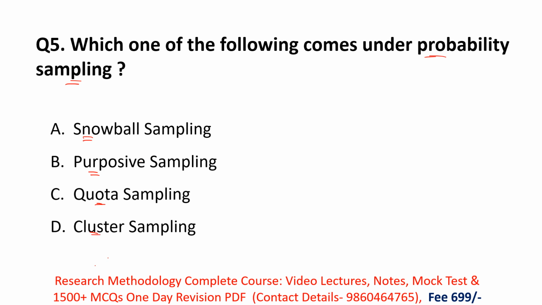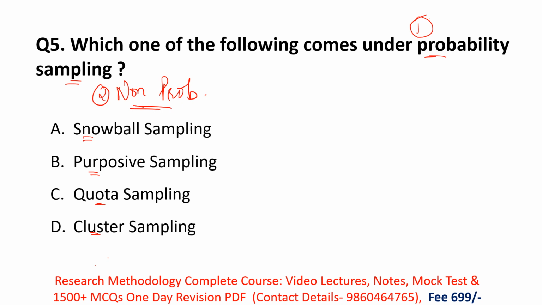So remember, in research there are two types of sampling. One is probability and the second one is non-probability sampling. In non-probability sampling, researchers select the samples from the population according to their convenience, their feasibility.